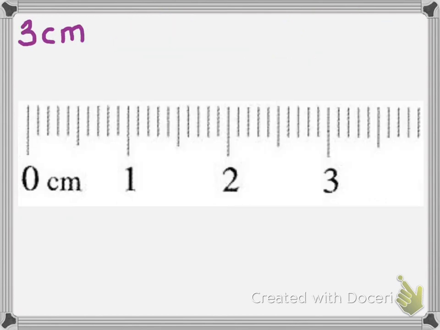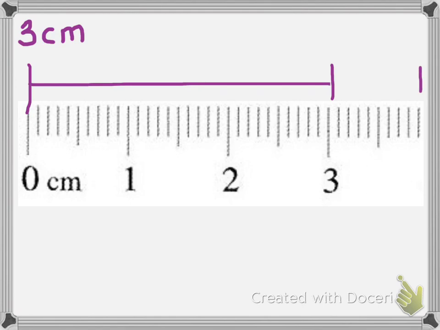Okay, let's try one more of those measuring ones. Go ahead and draw a line segment that is 3 centimeters this time. Okay, and once you have that, I would like you to extend it 9/10. So I'm almost going to go all the way to the end of mine.